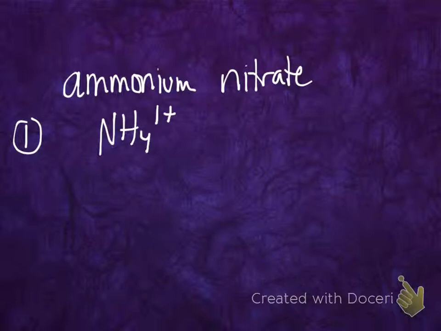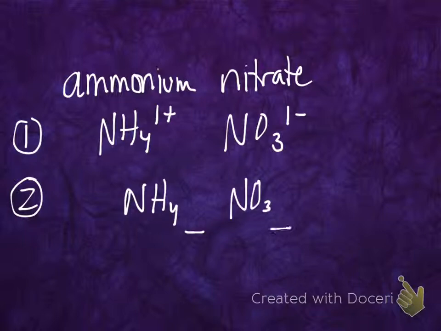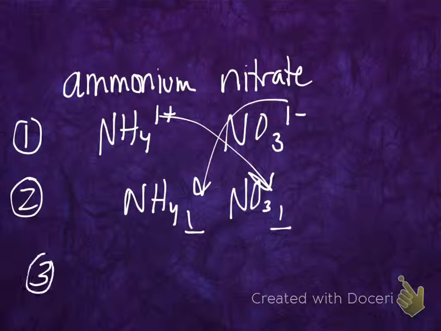The nitrate ion, somebody I have not heard from yet. Justin. NO3 1 minus. Yep. 2, do your crisscross. NH4 with a space, NO3 with a space. 1 and 1. Simplify it. NH4NO3.